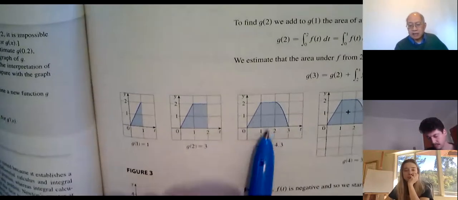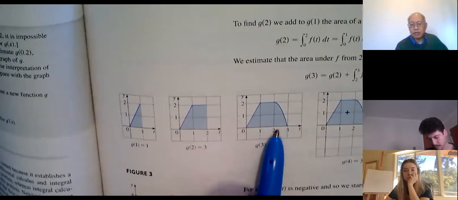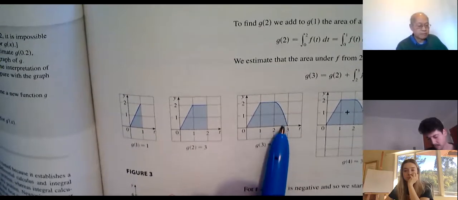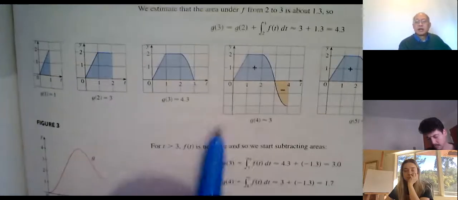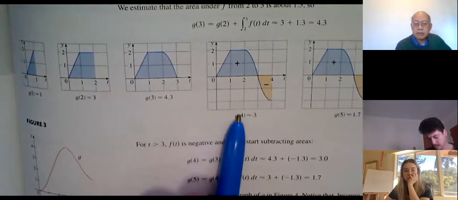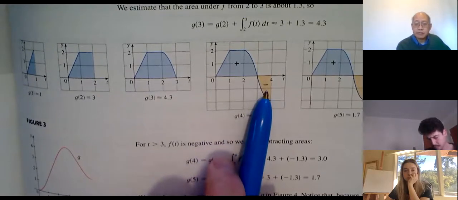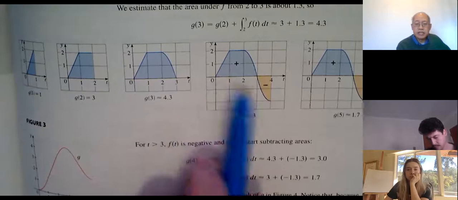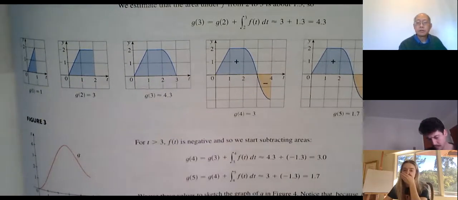Now you have to just estimate. Okay, so they say we have 3 here. They're guesstimating that that's about 1.3 units, that curved part. Now they're saying g of 4 is approximately 3 because you get some negative region here. So this positive region minus this negative region. Okay.